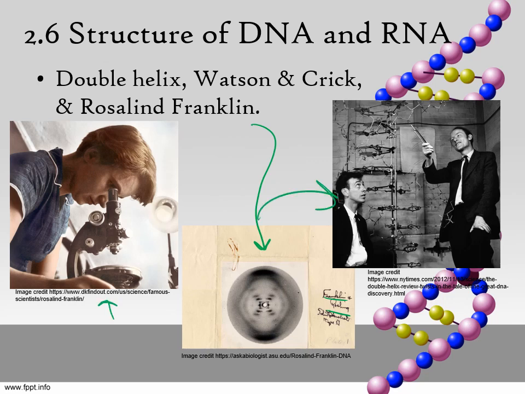Rosalind Franklin did the calculations. The image was taken in her lab. These guys used her interpretations to deduce that DNA must have been a double helix shape. These guys won a Nobel Prize for that work. Rosalind Franklin was not even mentioned.